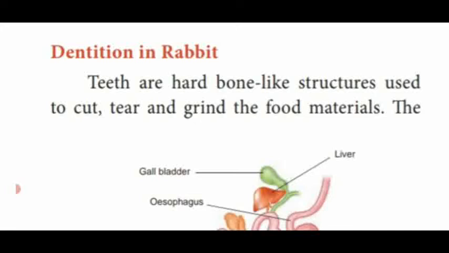Arrangement of teeth in the upper jaw and the lower jaw, or in the mouth region, is named dentition. Teeth are hard bone-like structures which are used to cut the food material, tear, and also grind the food material.